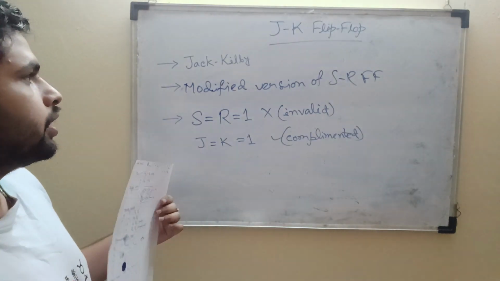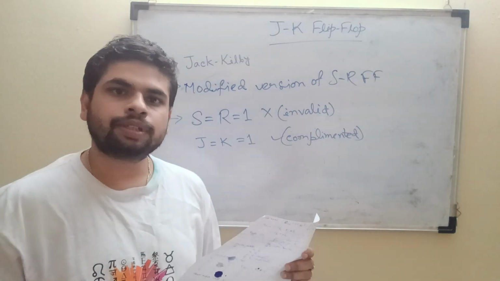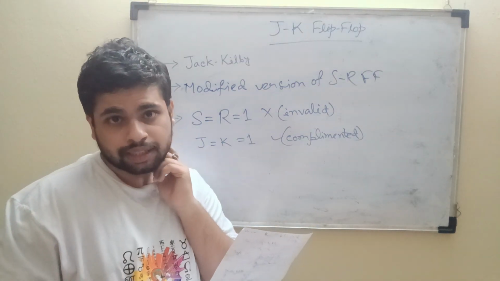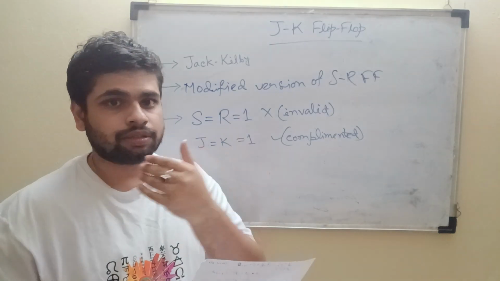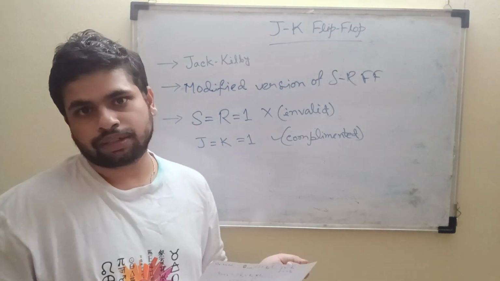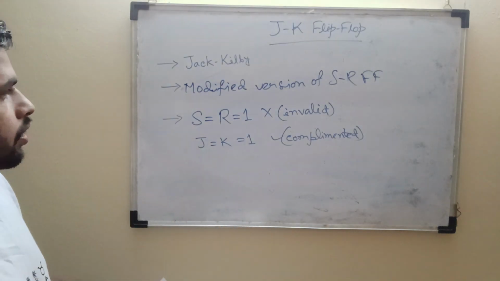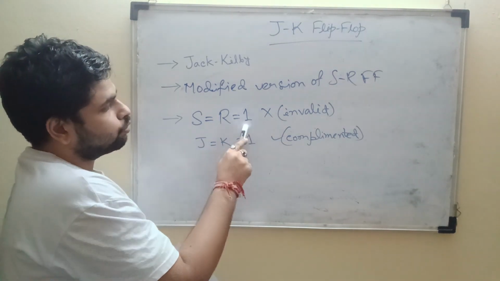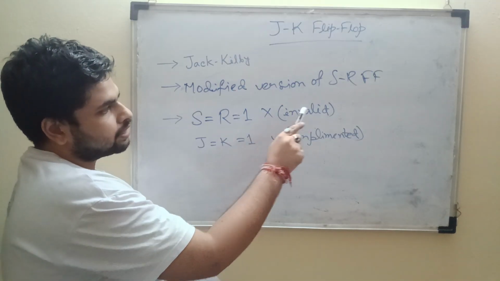Because we know that in the SR flip flop, when both the inputs, set and reset, were 1, there was an invalid output. That means if S and R are both high, value 1, it will give an invalid value.